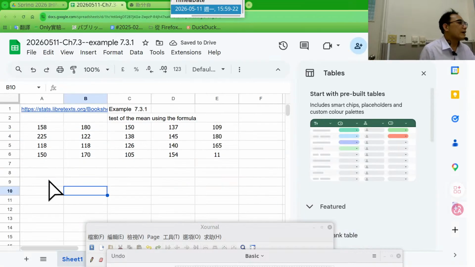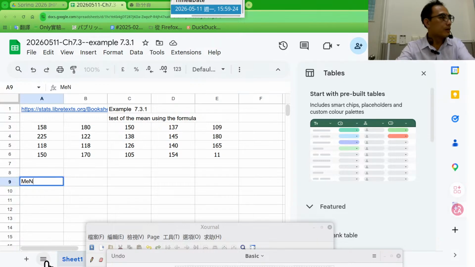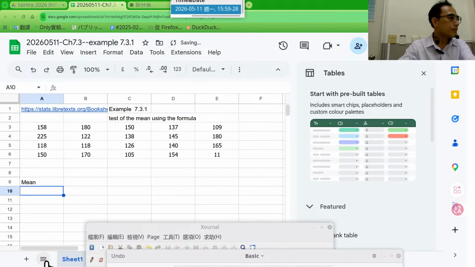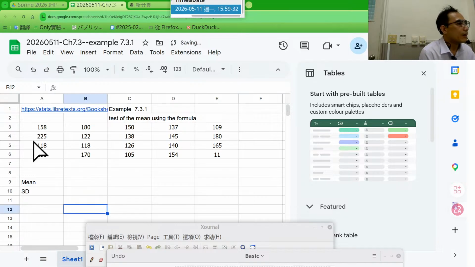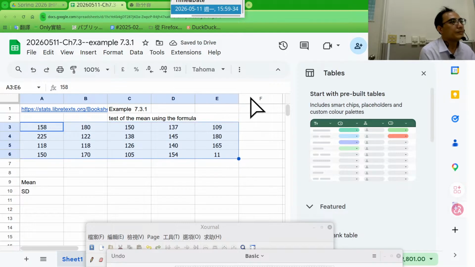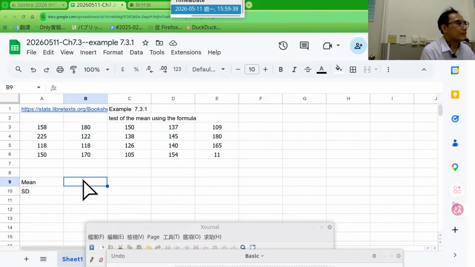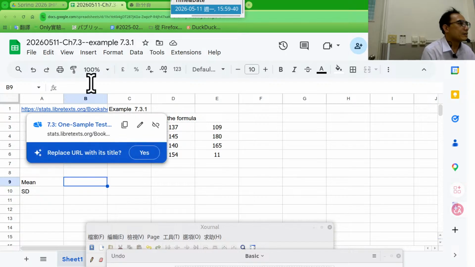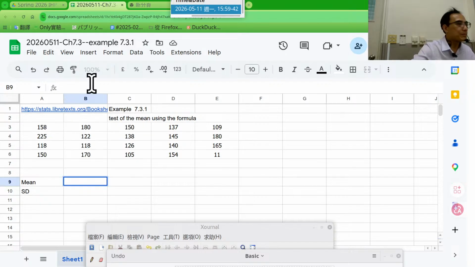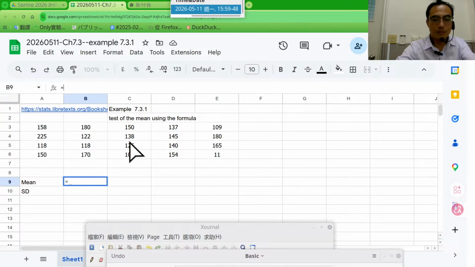Okay, and then calculate the mean and standard deviation. For example, I click here and click function, or you can type equal, then get the function average.